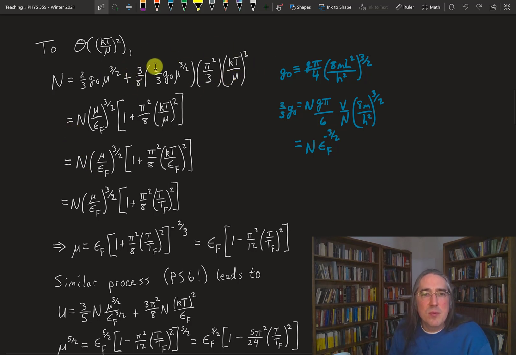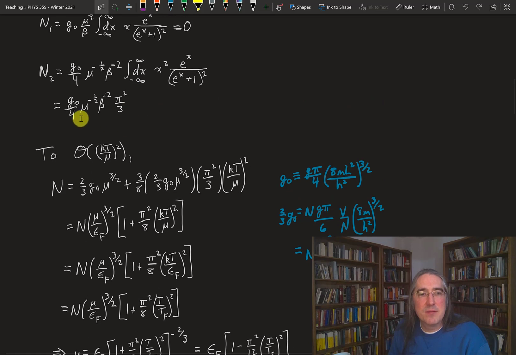So here we've got, again, the first term. I have taken this business and rewritten it in a more complicated looking fashion. The only thing that really pulled down was the pi squared over 3. That's still there. I want this in terms of kT over mu squared because I know relative to the first term, that's how big it is.